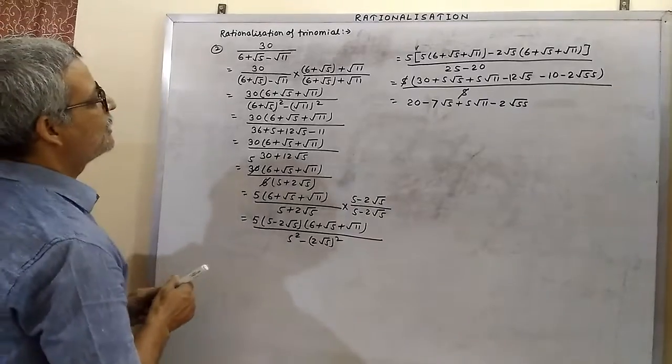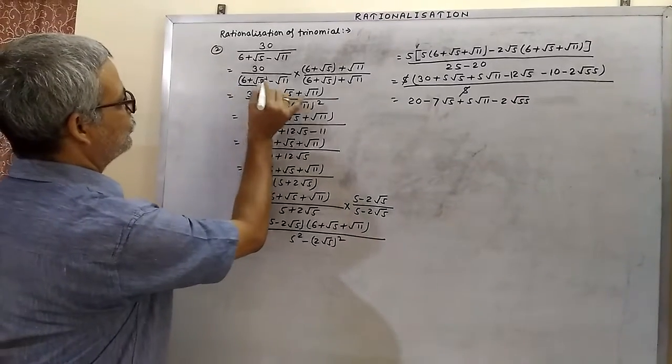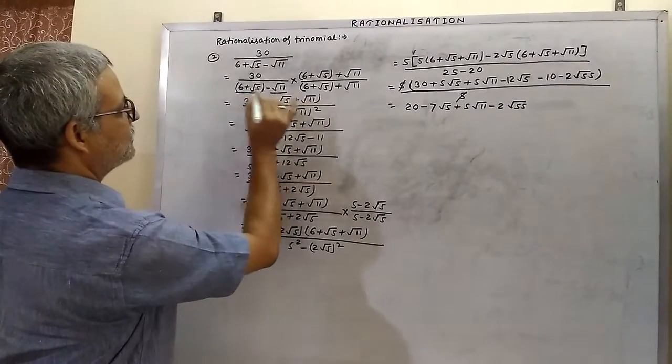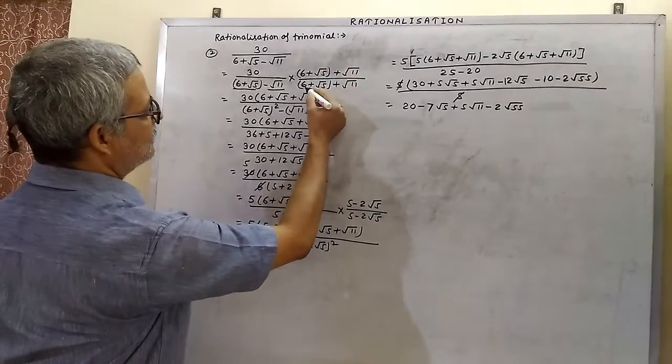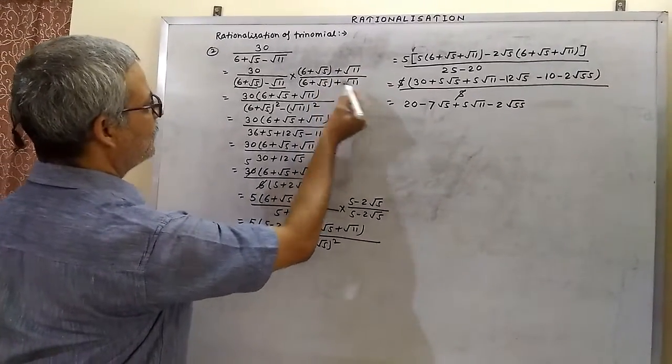So now the conjugate of 6 plus root 5 minus root 11 is 6 plus root 5 plus root 11 divided by 6 plus root 5 plus root 11.